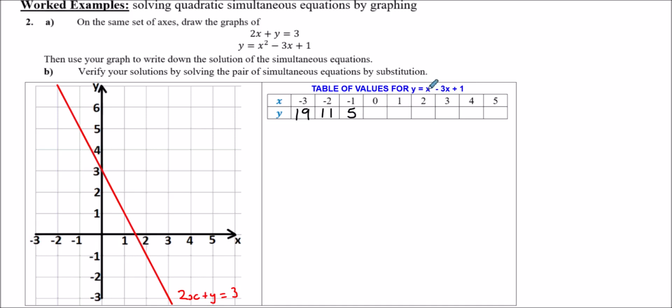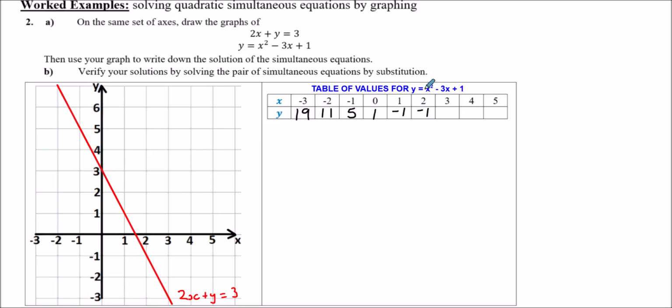When x is 0, dead easy, just 1. When x is 1, 1 take away 3, plus 1, that's going to give us minus 1. When x is 2, 2 squared is 4, minus 3 times 2 is 6, 4 take 6 is minus 2, minus 2 plus 1 gives us minus 1 again.